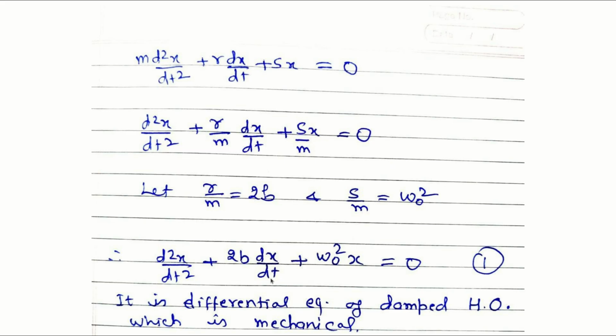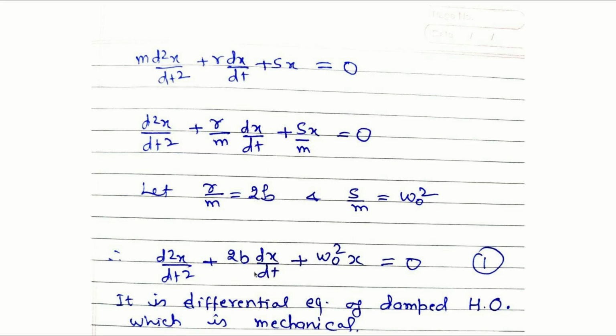If we do not consider the second term, this differential equation will again be the differential equation of the undamped harmonic oscillator. So due to damping, this is an additional term.